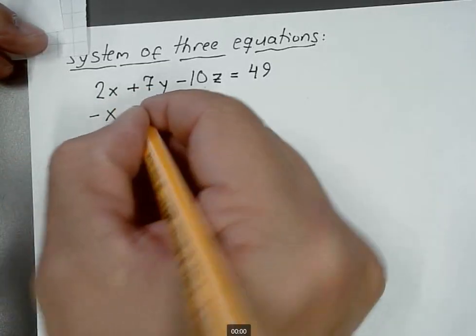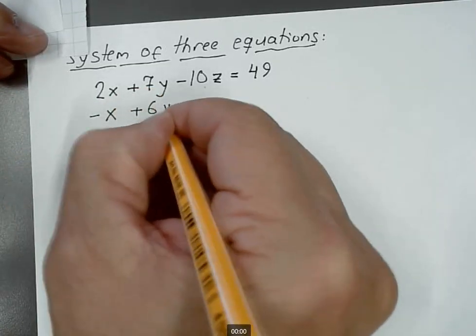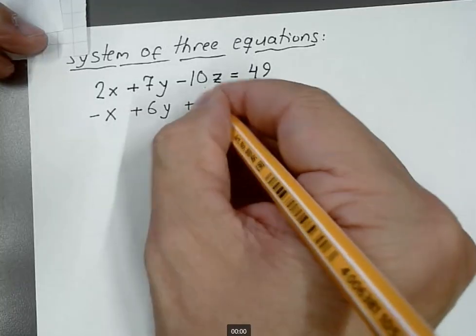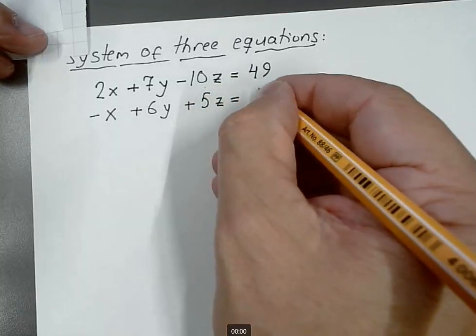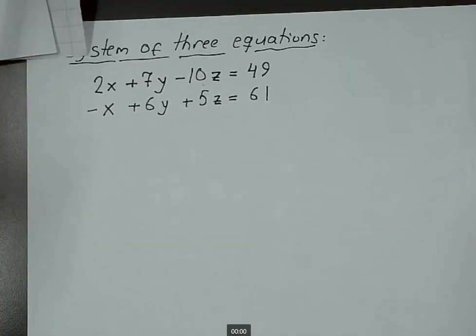Minus x plus 6y plus 5 zeta equals 61. And then I will take the third equation and do it so.